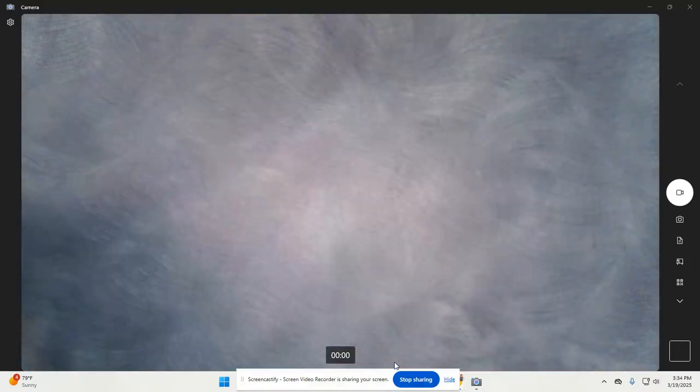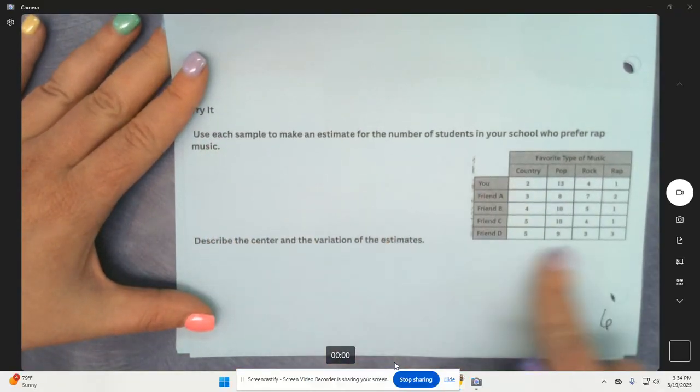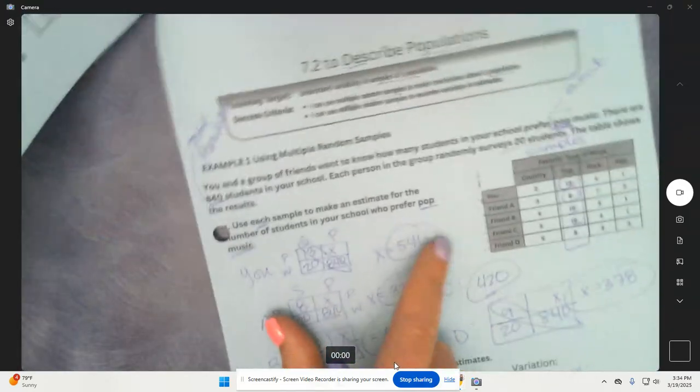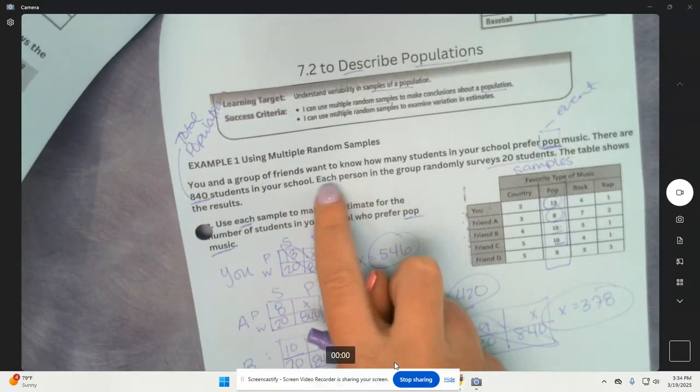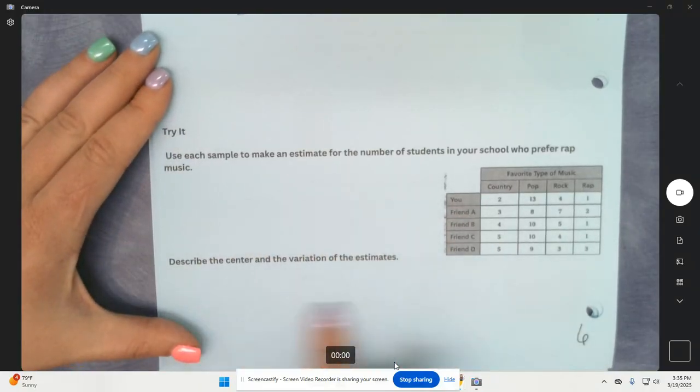Alright, so going back to try it. This is based off of example 1 from over here, okay? So this information, you still need all of this information to answer here. And I want you to pause the video and try this one on your own.